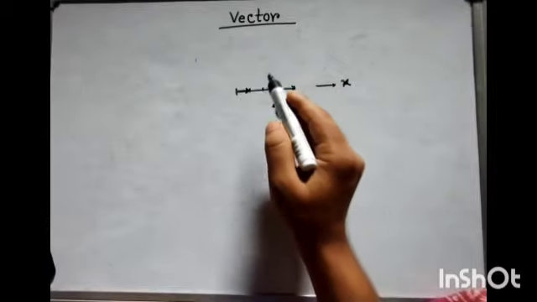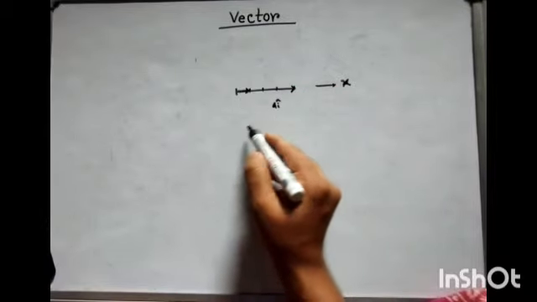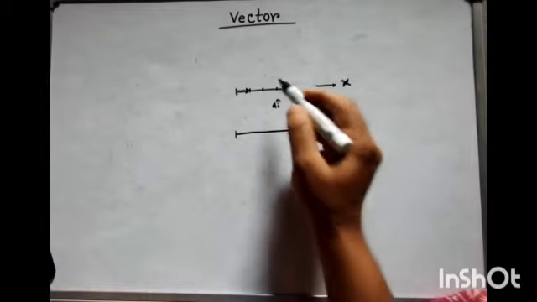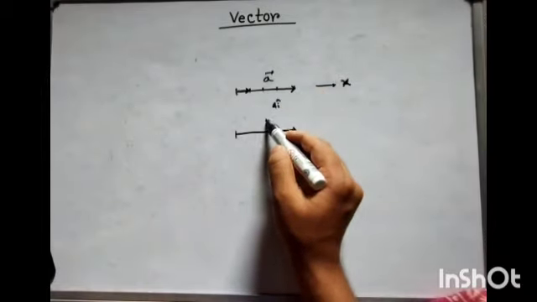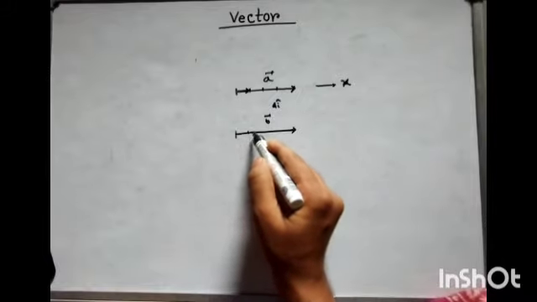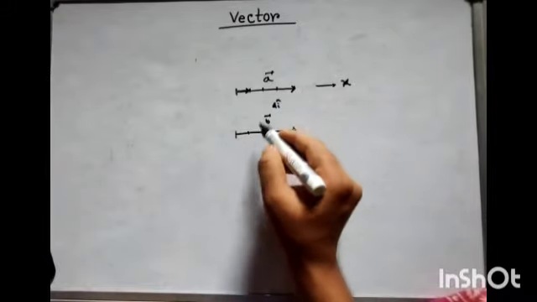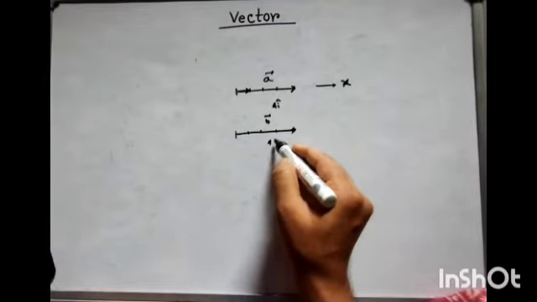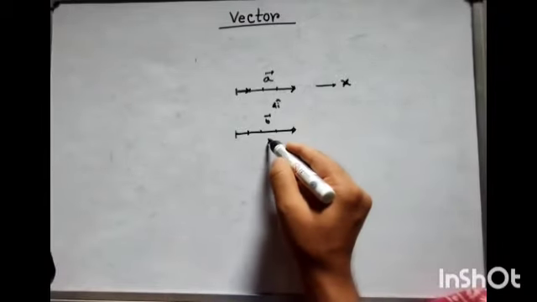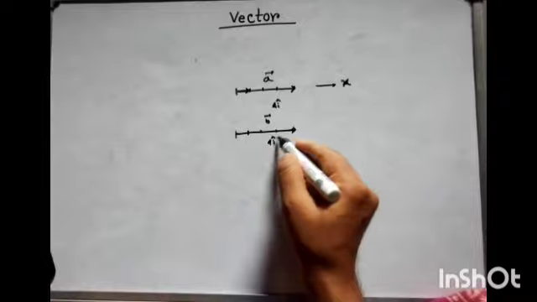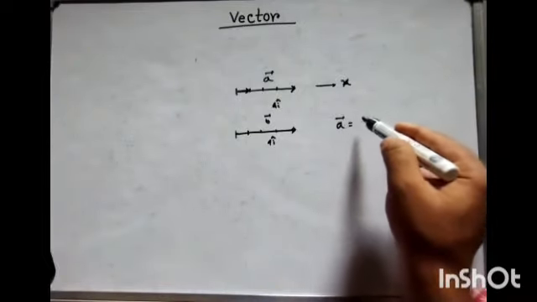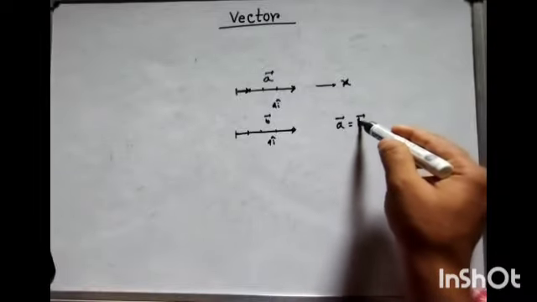Now say there are other vectors with the same direction. Suppose this vector is a vector and there is a b vector, which is also 4 centimeter and also along the x-axis. So this will also be 4 i cap, and a vector will be equal to b vector.